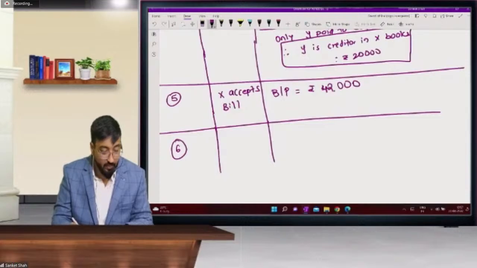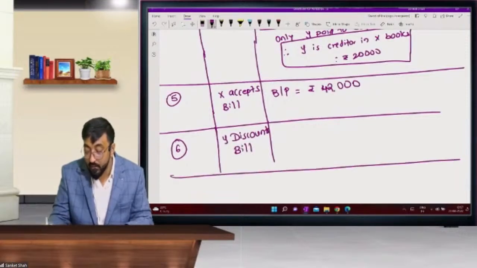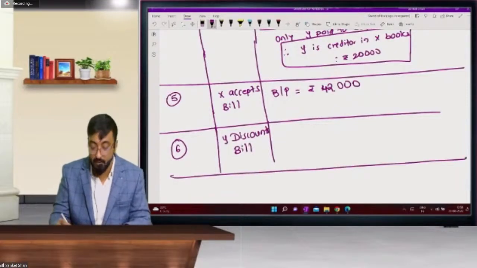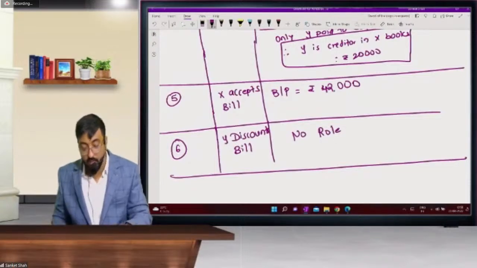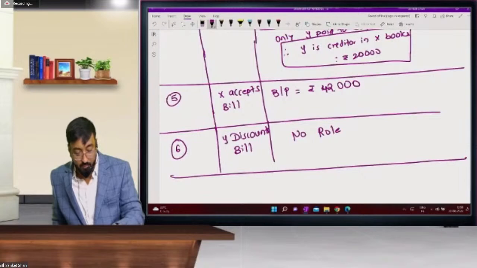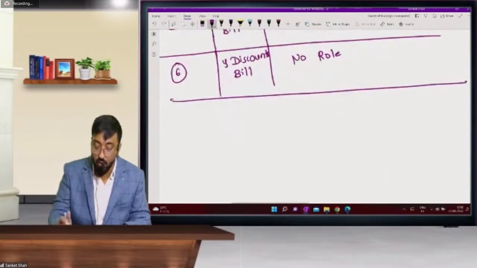Sixth one. Y discounts bill. किसने डिस्काउंट किया? Y ने डिस्काउंट किया. So Y के बुक्स में नो रोल. Y ने क्या किया? डिस्काउंट किया. Y discounts bill.